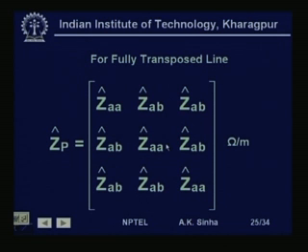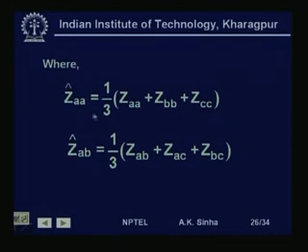This matrix will give me the series impedance of the transmission line with ground return. So, ZAA is equal to, as I said, the average value, and ZAB will be also equal to the average value, the mutual and the self will be given by these 2 relationships.